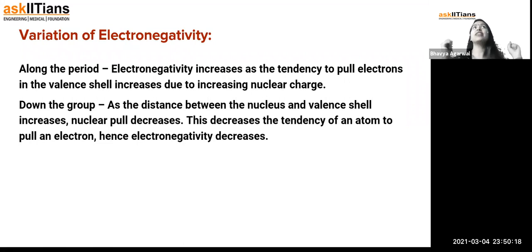Electronegative means they have a tendency to gain electrons, or the tendency to pull electrons in the valence shell.